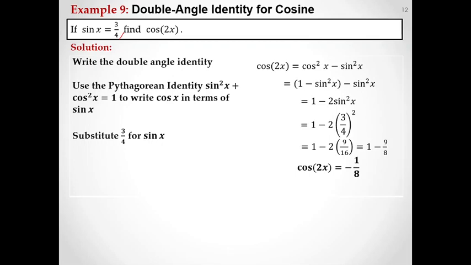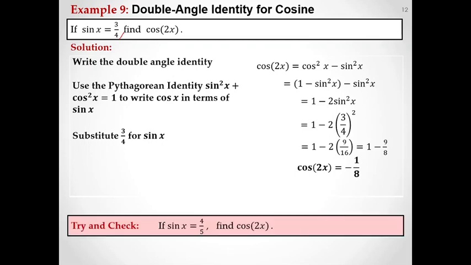As I told you, in the try and check, we will do exactly the same thing. I leave it to you, but I want to tell you the answer. Here it uses cosine squared x plus sine squared x in the following way.